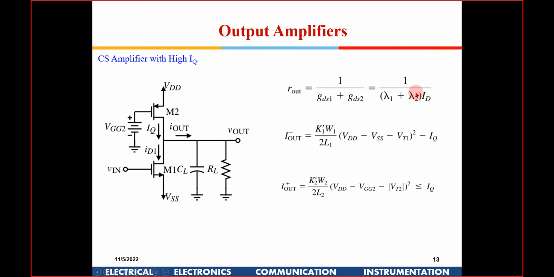We know that R0 is 1 by lambda into ID, assuming the same current is flowing out here. So it is 1 by (lambda 1 plus lambda 2) into ID, since they are in parallel. By keeping ID very large, I am able to make R out very low, and hence it is able to drive low loads also.